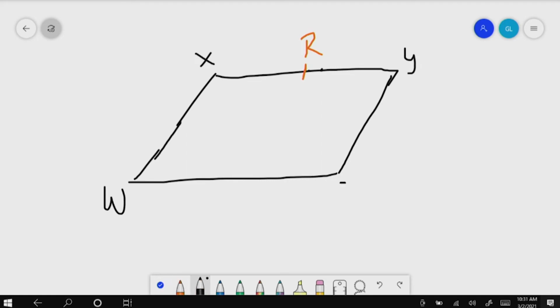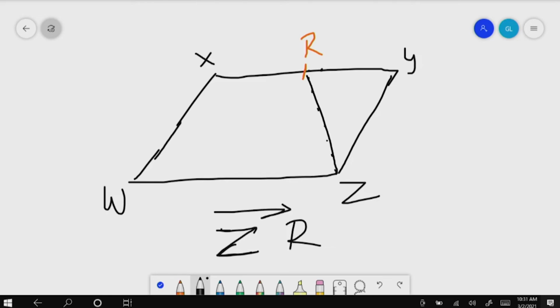We have WZ. They're asking us, based on the information above, what vector ZR would be. We're looking for this vector here, vector ZR. It's moving from Z to R. They're asking us what that vector would be.